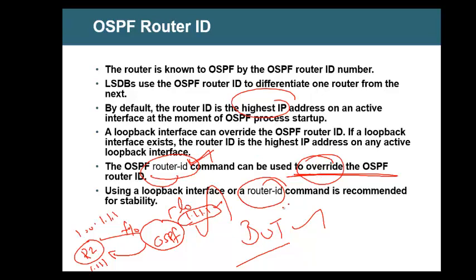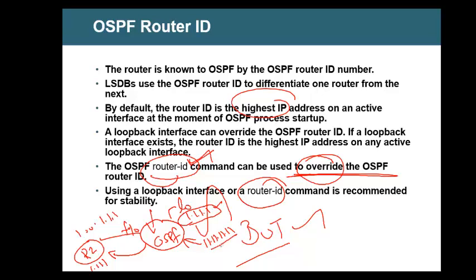now I go to router OSPF and say from now on I want to use 11.11.11.11 as the router ID. This OSPF router will say, wait a minute, you are the owner of this router, so I respect you a lot.